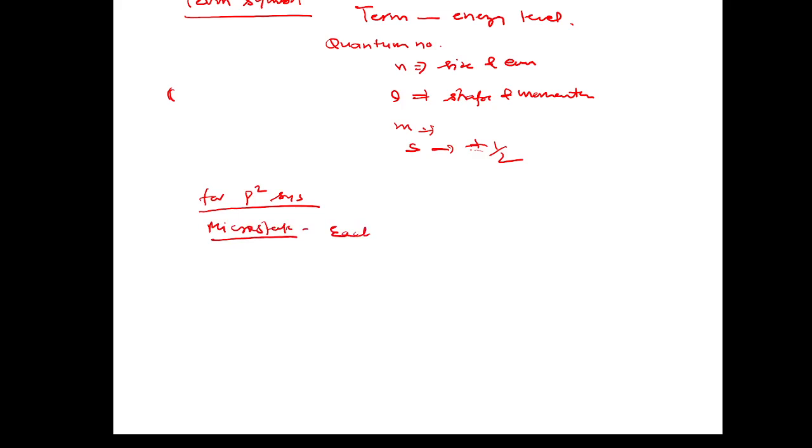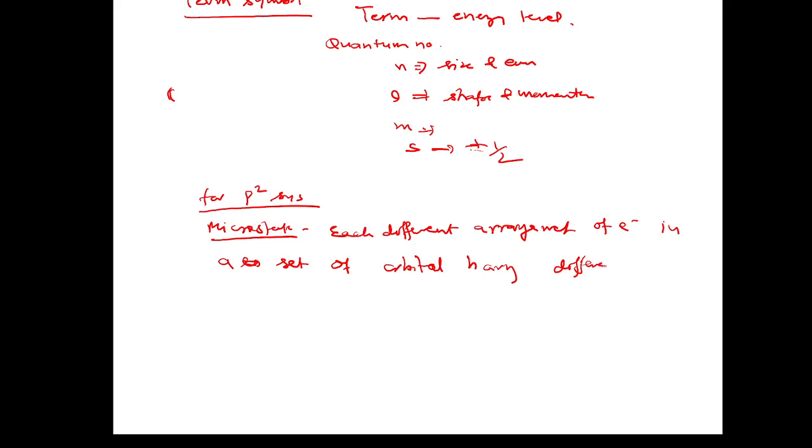Each different arrangement of electrons in a set of orbitals having different energy gives the microstate.